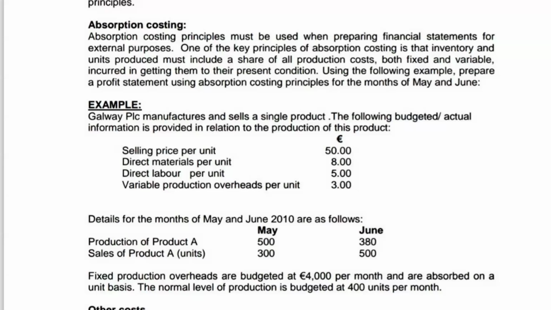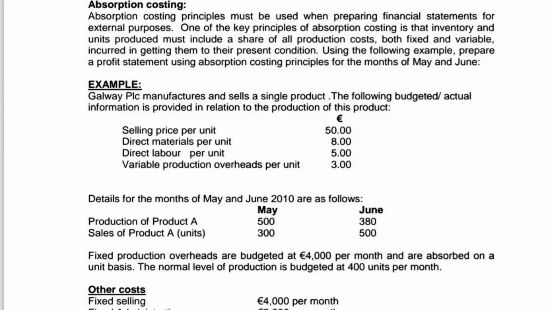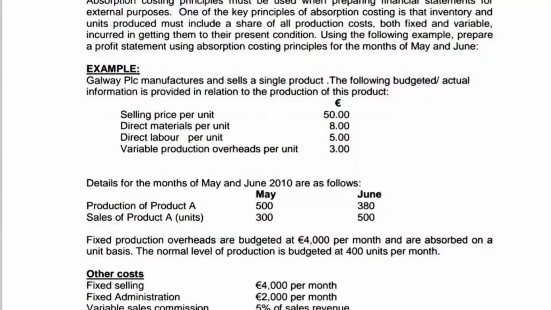So the question is reading: a public limited company manufactures and sells a single product. The following is the budgeted and the actual information that is provided in relation to the product that this company is producing. And so you have this data.